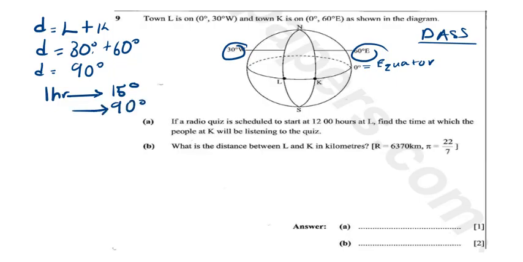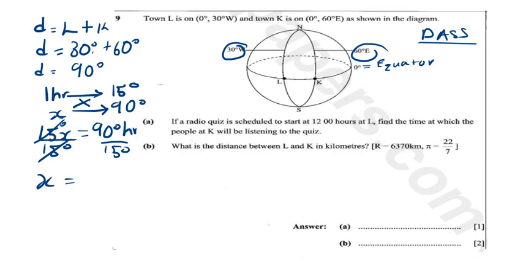This is just a conversion of degrees into hours, so you can just do cross multiplication. 15x degrees equals 90 degrees times 1 hour, over 15 degrees. So 15 degrees and 15 degrees go, x equals 90 over 15, it is 6 hours.